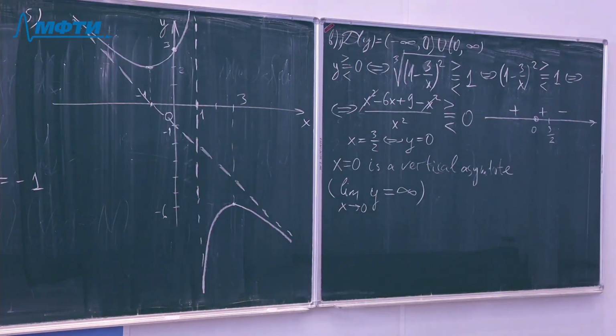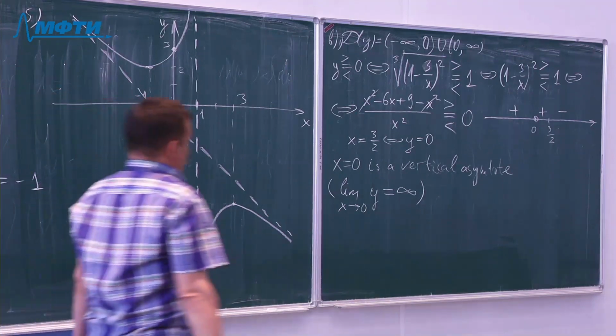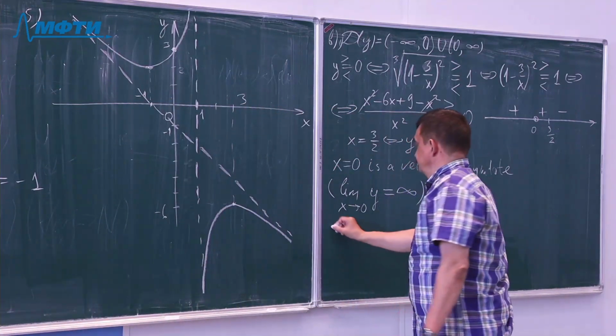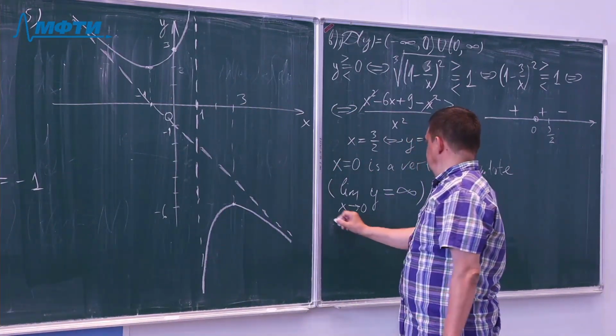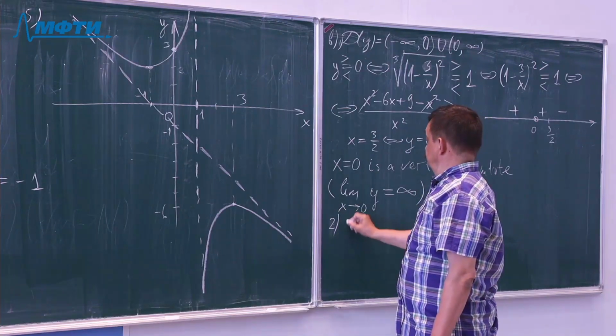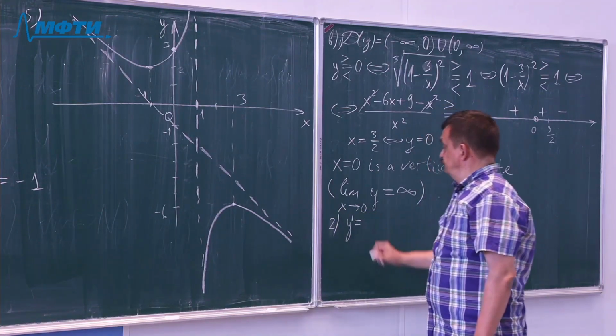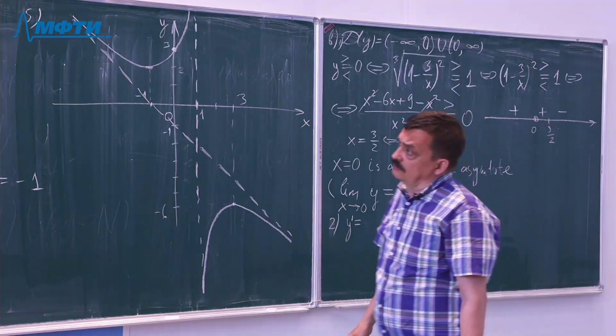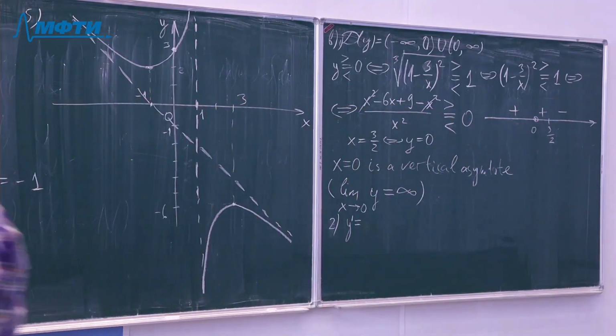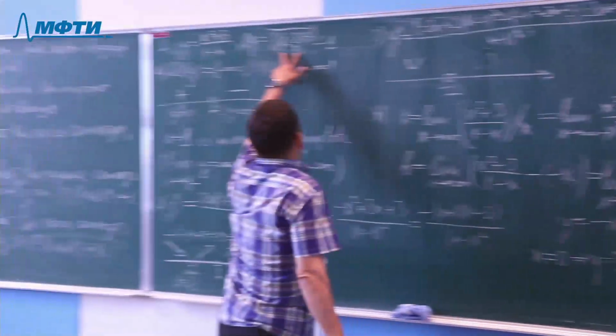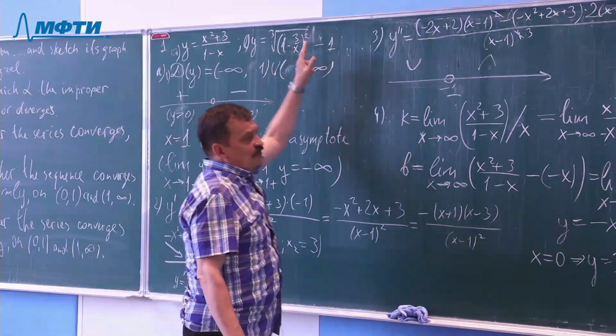Second stage, we look at the derivative. So y prime. And we observe that we have here 1 minus 3 over x, power 2 over 3.